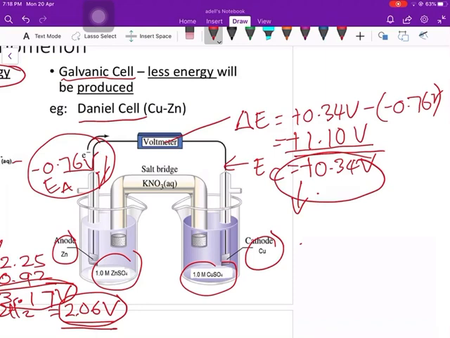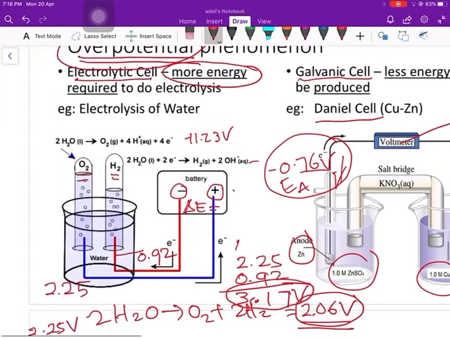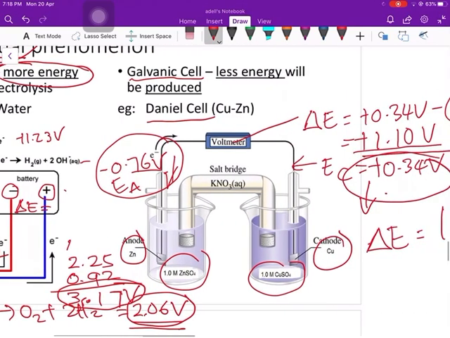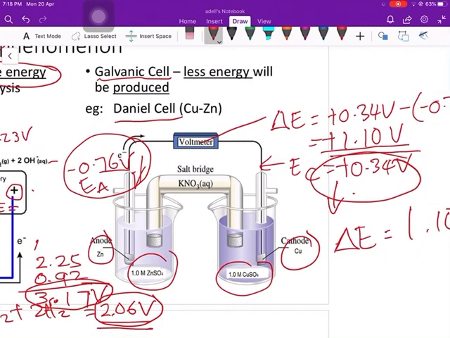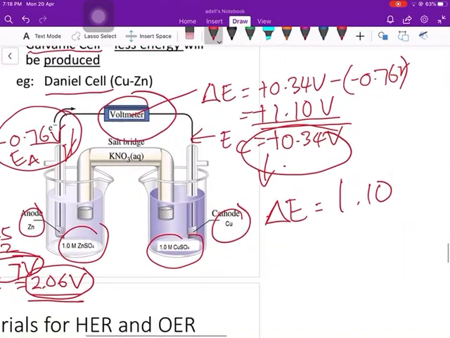So delta E produced is no longer 1.1 but less than 1.10 volt. I hope you understand the difference between electrolytic cell and galvanic cell. For electrolytic cell, more voltage is required to start the reaction. For galvanic, less energy or voltage will be produced when the overpotential phenomenon occurs in the system.